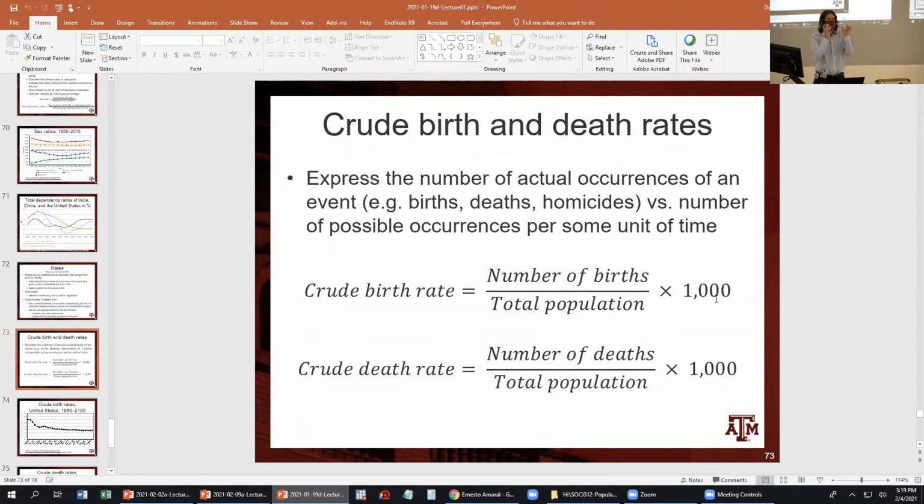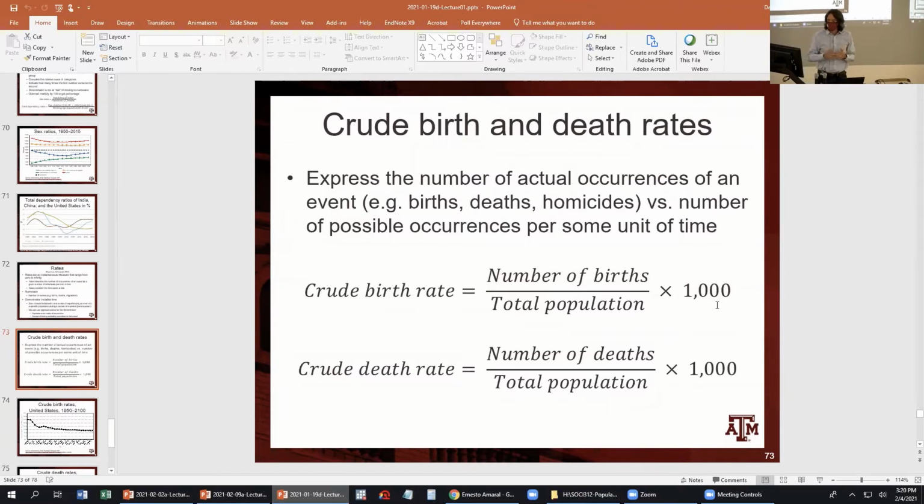The natural increase is usually given in percentage terms. So if you have the crude birth rate and the crude death rate per 1,000, after you subtract one from the other, you divide by 10, because dividing 1,000 by 10 gives you 100. So the natural increase is usually reported in percentage.